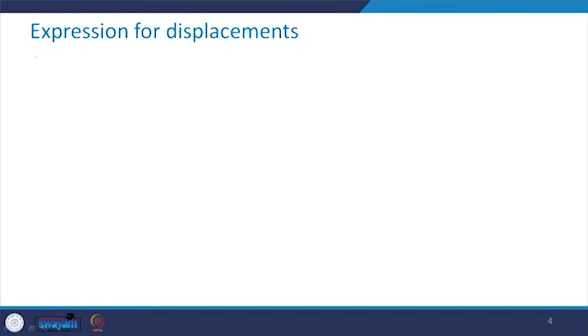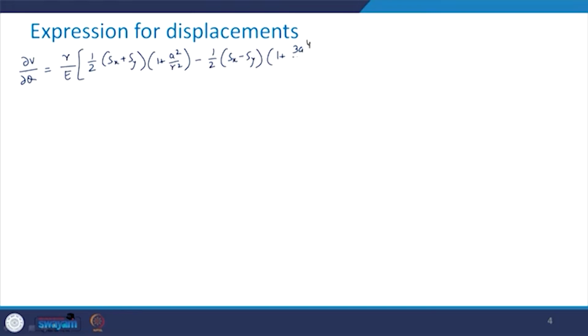So, we have here delta v delta theta is equal to r upon E, that is half (Sx plus Sy)(1 plus a square upon r square) minus half (Sx minus Sy)(1 plus 3a to the power 4 upon r to the power 4) into cos of 2 theta.